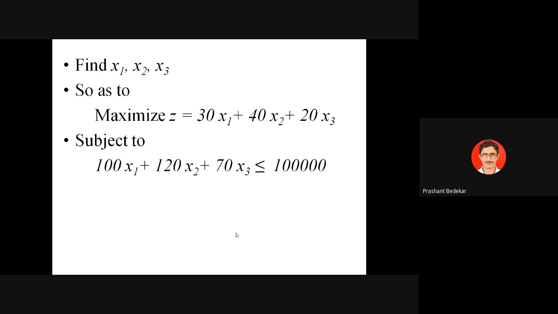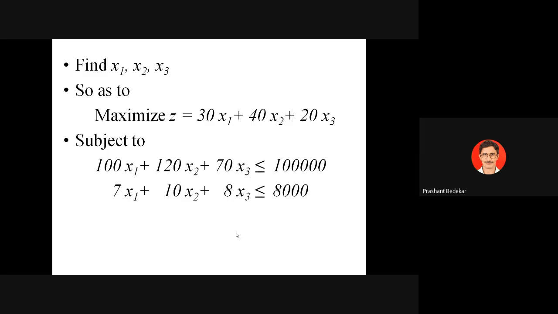Now I will not spend the time in explaining the formulation. Yesterday I have explained how the problem can be formulated. In the same way you can formulate this problem. It becomes 100x1 plus 120x2 plus 70x3 less than equal to 1 lakh. Because farmer can spend 1 lakh rupees on preparation of land. Similarly, the farmer has 8,000 man days.